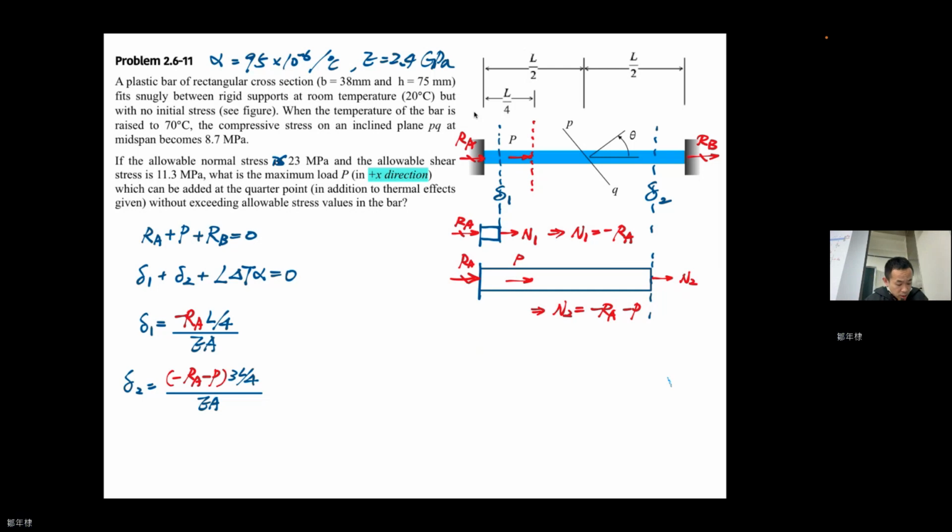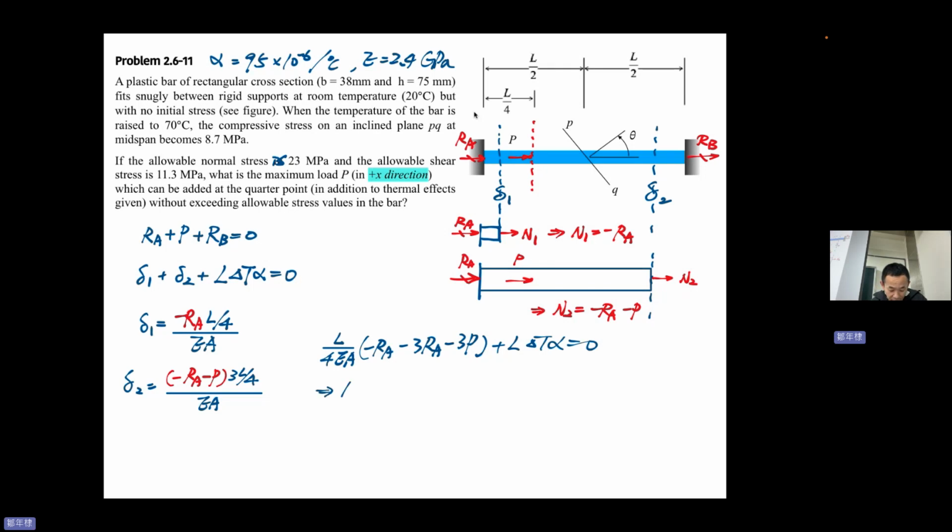So now we can substitute that together, and we can have L over EA times minus RA minus 3RA minus 3P, plus L delta T alpha equal to 0.